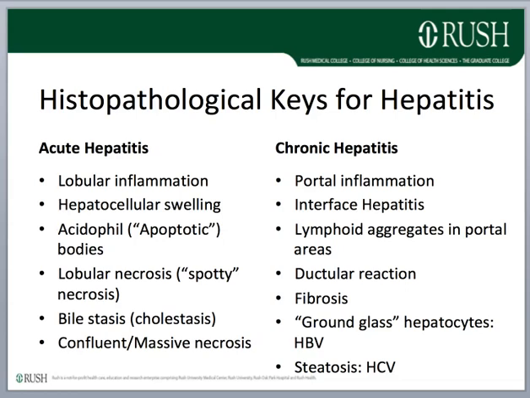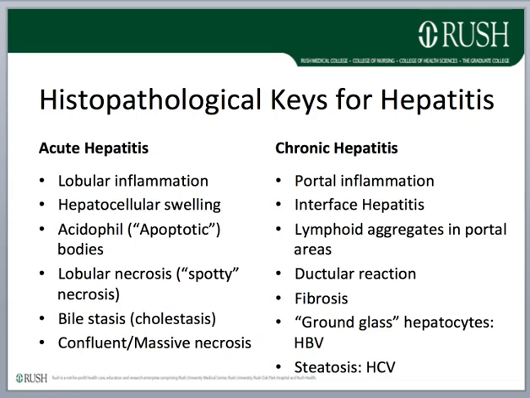So let's review some of the histopathological keys for hepatitis. We're distinguishing on clinical grounds between acute and chronic hepatitis, and then there's histopathological features that go along with acute and chronic patterns. Remember that lymphocytes and plasma cells are the predominant inflammatory cells for both acute and chronic hepatitis. So for acute hepatitis, we see inflammation that's predominantly localized to the lobule.